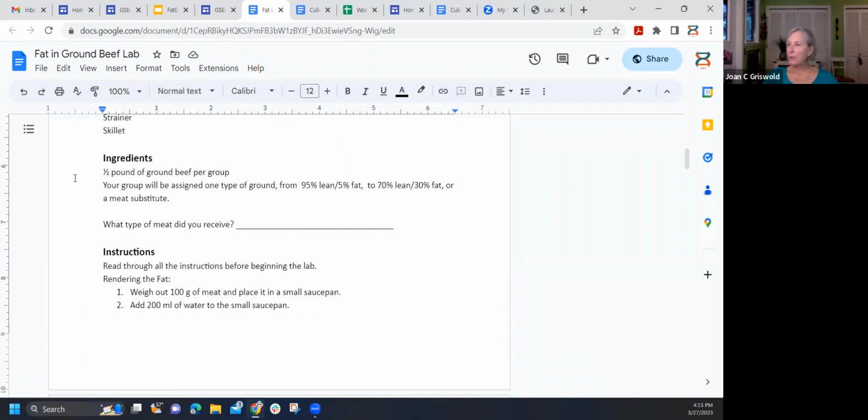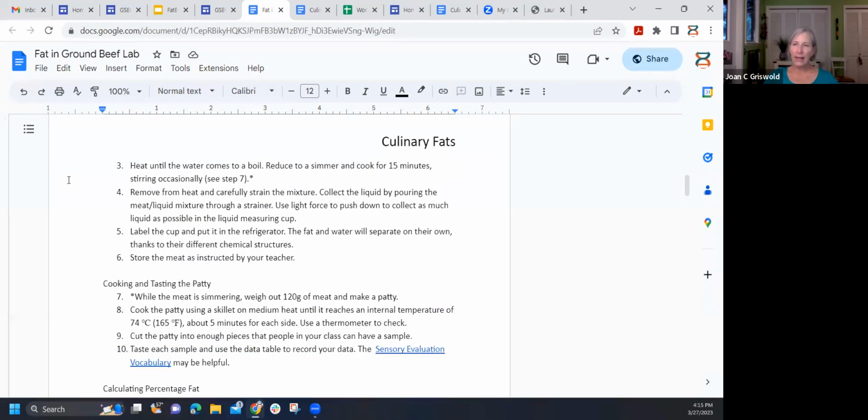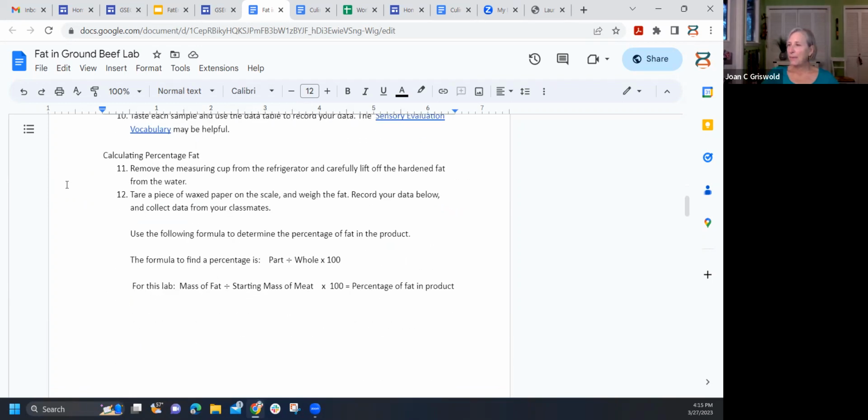They get half a pound per session, per group, and cook it, and then actually weigh the fat that gets rendered off of it, and then see what the meat that comes out is like. And so then they weigh both of those, and then they calculate the percentage of fat in the meat that they were given and compare it to the label to see how accurate it is.